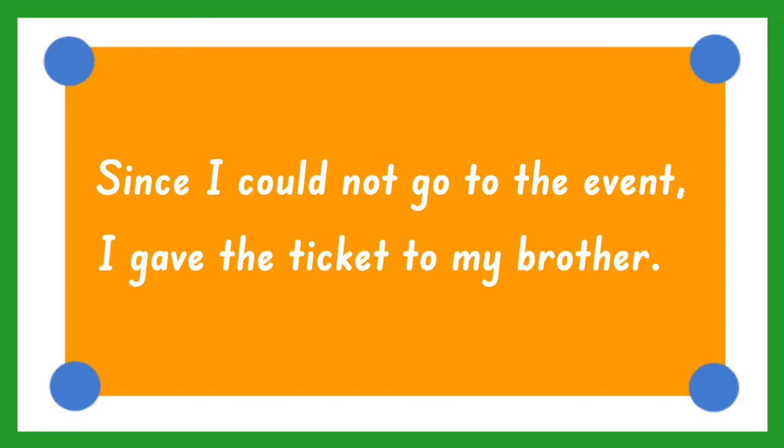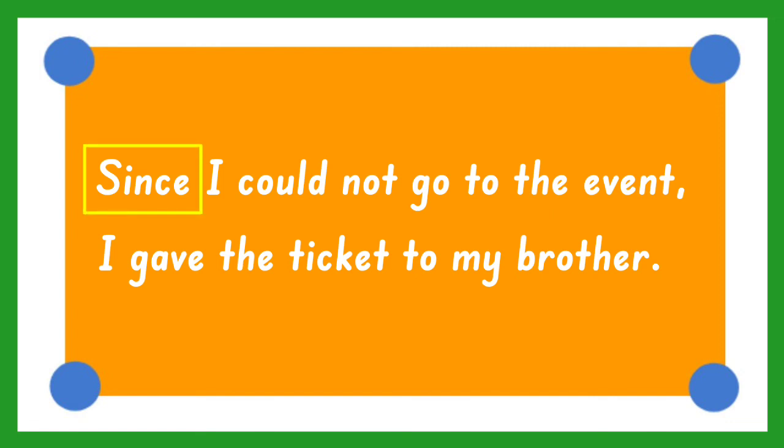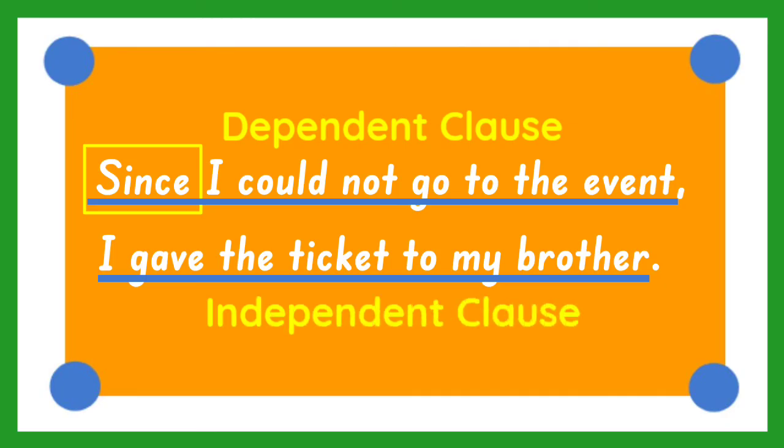To make it easier, let's find the subordinating conjunction first as our clue in identifying the dependent clause. The conjunction is since. This means that since I could not go to the event is the dependent clause, and I gave the ticket to my brother is the independent clause.